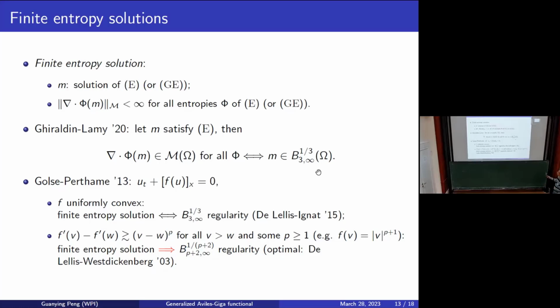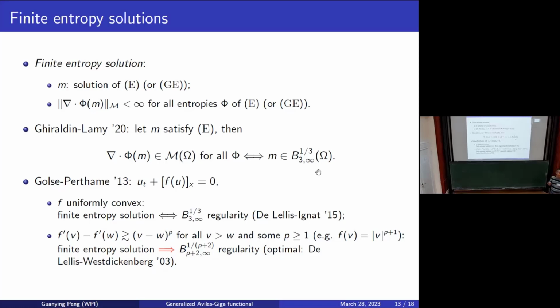For p strictly greater than 1, this function has degenerate convexity at v equal to 0. And for such functions, the regularity is the one with the index 1/(p+2), which is strictly smaller than 1/3. And such regularity with the index strictly smaller than 1/3 is weaker than this B^{1/3}_{3,∞}. And in general, it is known that there is no reverse implication.